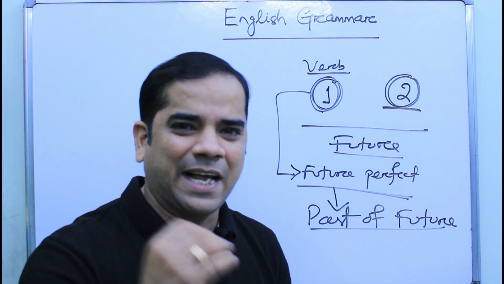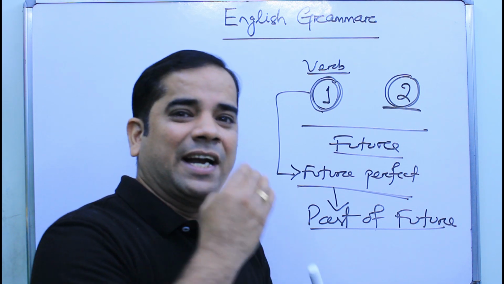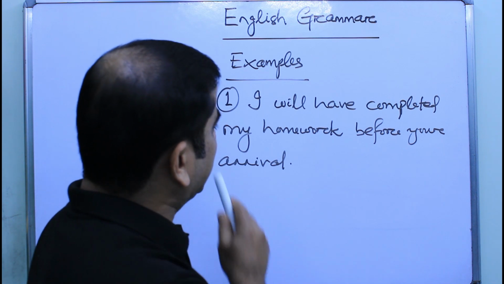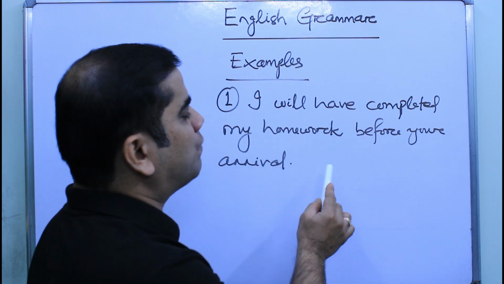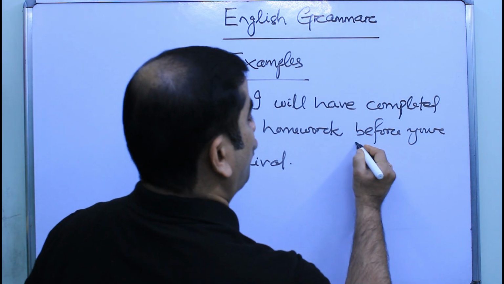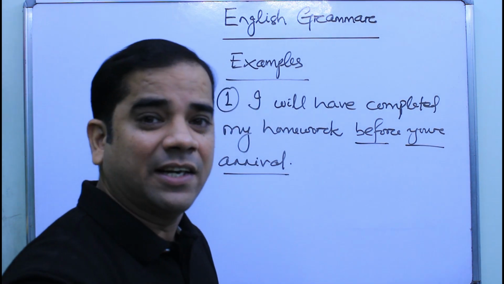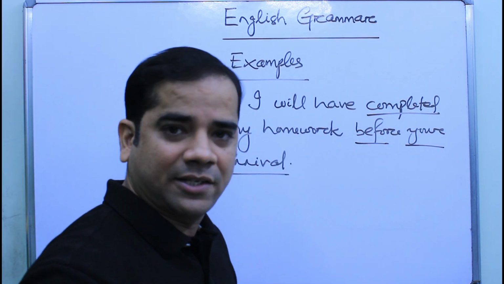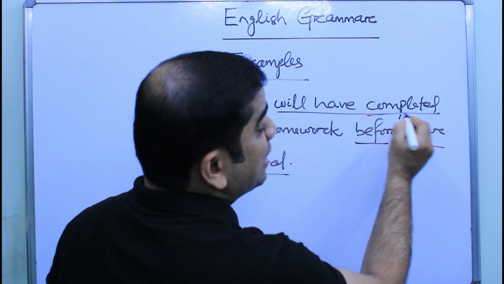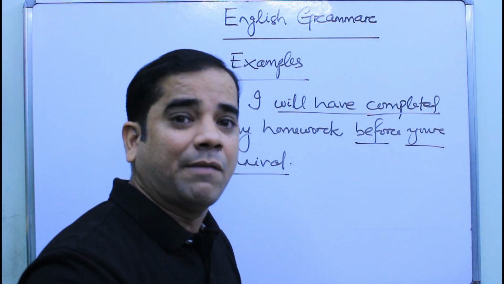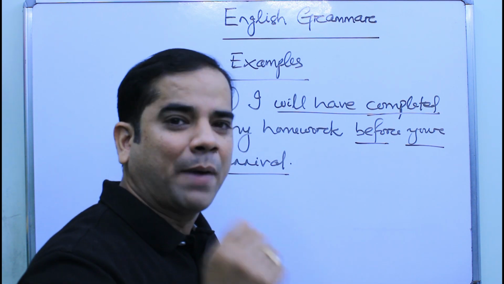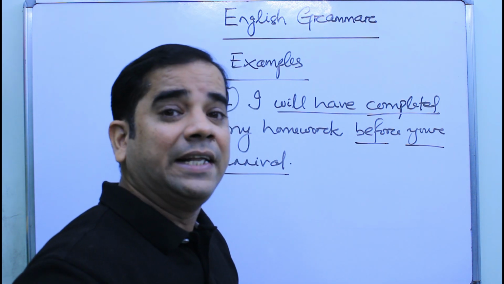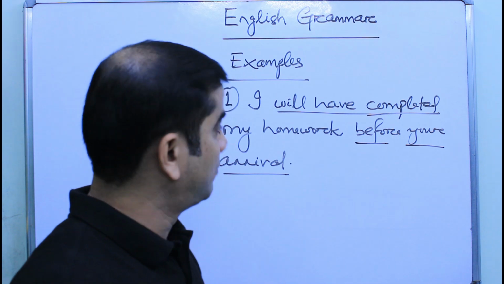Let us now discuss some examples so that you can understand this in a better way. Here in this sentence, I will have completed my homework before your arrival. See, before your arrival. Arrival is an action and completion is another action. This is in future perfect tense. We have already discussed the perfect tenses, present perfect and past perfect. What we have learned is that in perfect tenses, the verbs are in their past participle form or V3 form.